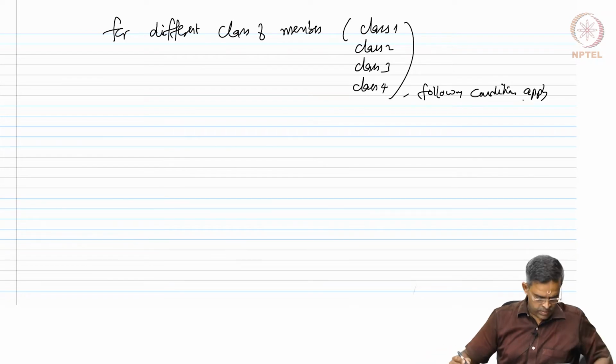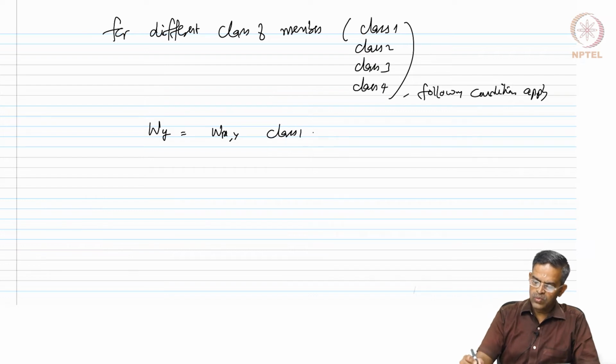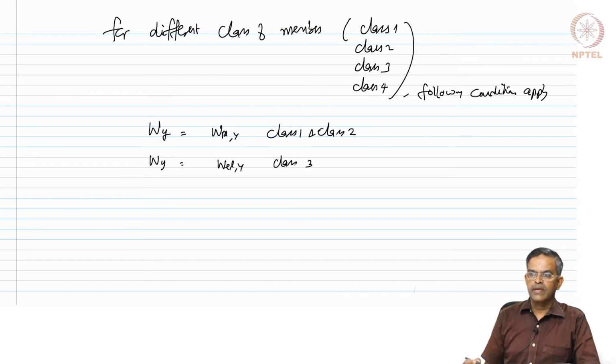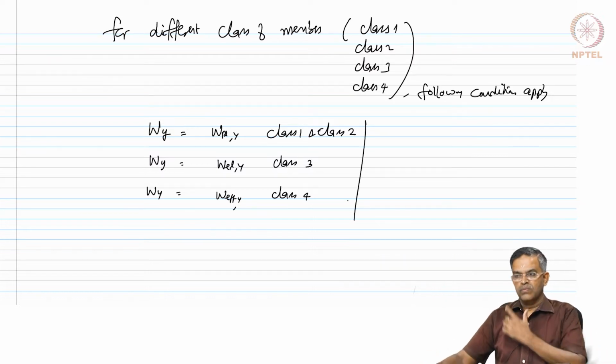Let us see what they are. W_y will be W_pl,y for class 1 and 2, W_y is taken as W_el,y for class 3, and W_y is W_eff,y for class 4. This is as per the advice of the Eurocode.